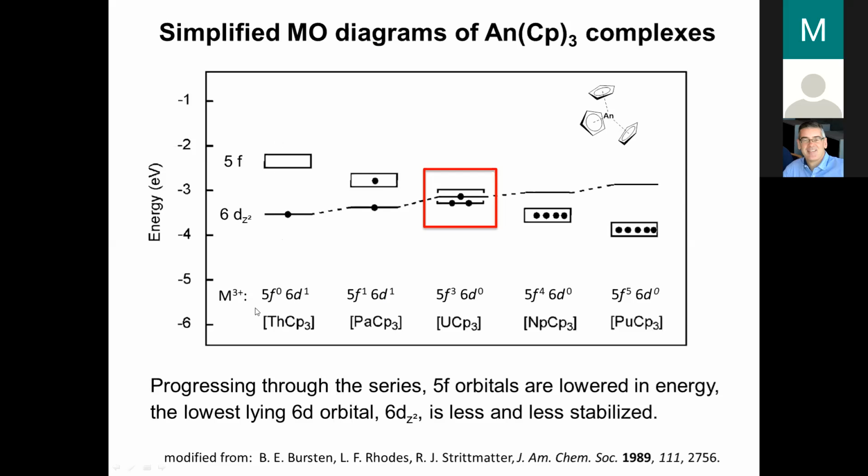However, as we traverse through the series, these d orbitals are less and less stabilized, and therefore get higher and higher in energy. At uranium, we have the very special case that the f orbitals and the d orbitals are almost identical in energy, which creates an exciting opportunity, or raises the question, where do electrons actually go?